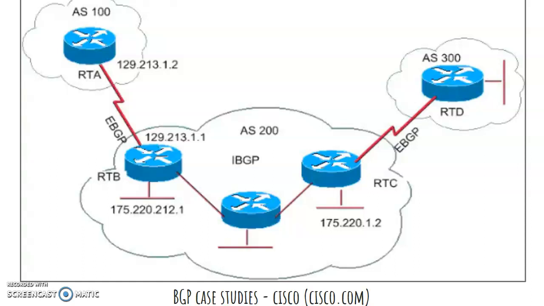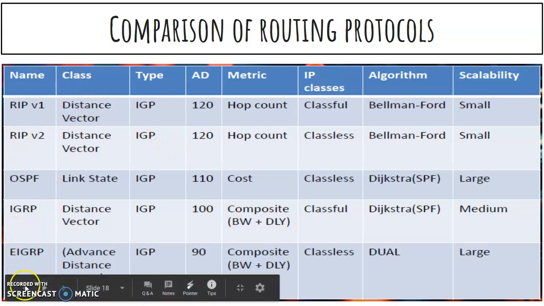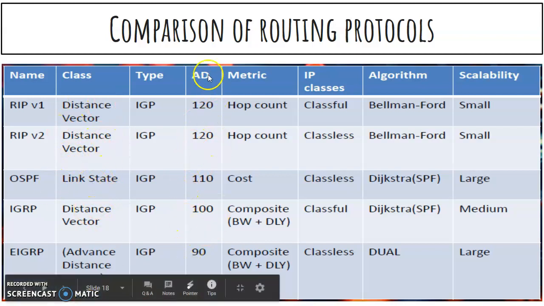So this is a diagram which I've taken from a Cisco case study, BGP case studies. So you can have a look and have a better understanding of what BGP is. And finally, this is a table that compares different algorithms which I've enumerated in the presentation, like the Routing Information Protocol, OSPF, IGRP, EIGRP, and what type of protocol they are, distance vector or link state, and their administrative distance, what metrics they use for calculating the routing information, the algorithm they use, and the cost of the path.